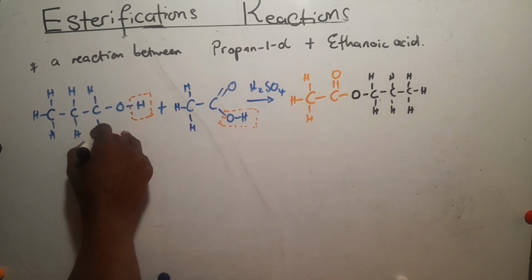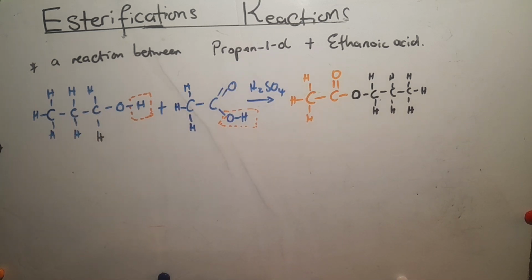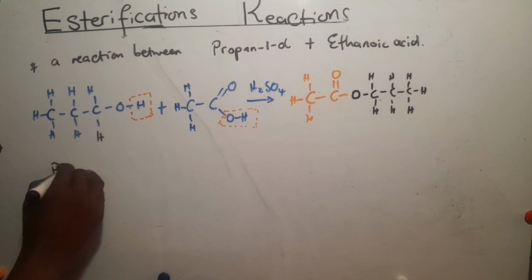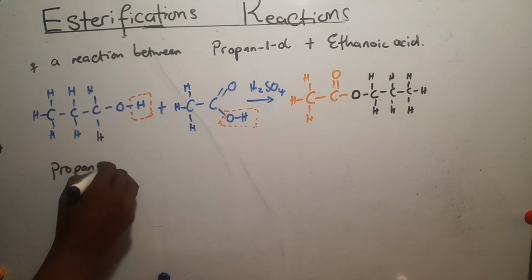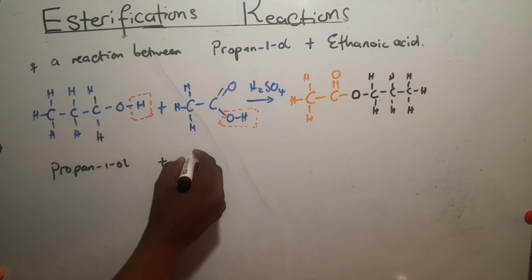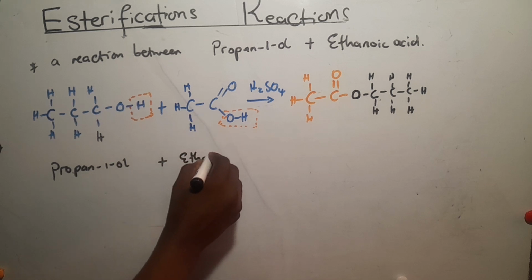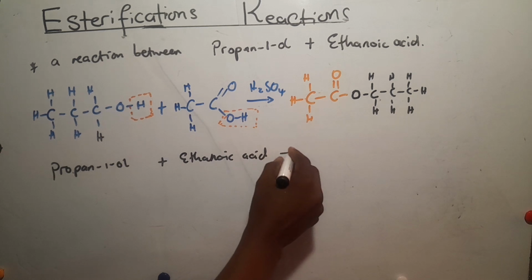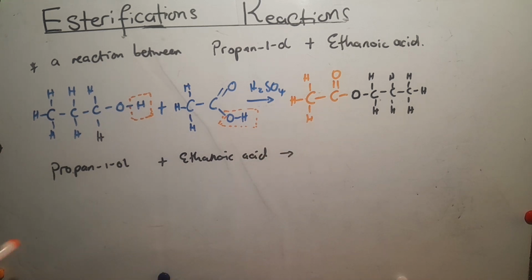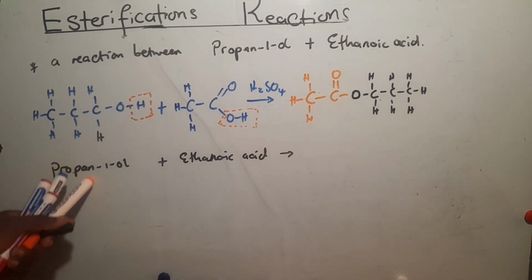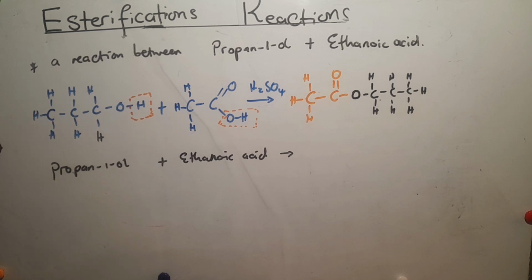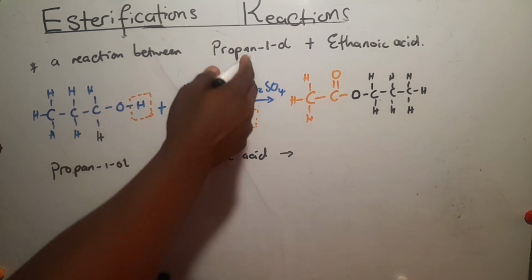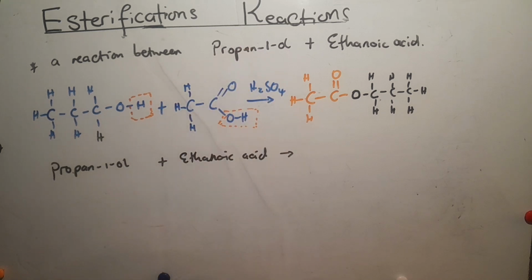Like that, right? So how do we name this now? So we saw that this is propane 1-ol reacting with ethanoic acid. We first name this as a branch, right? So this branch was on carbon number 1, like the name suggests, propane 1-ol.